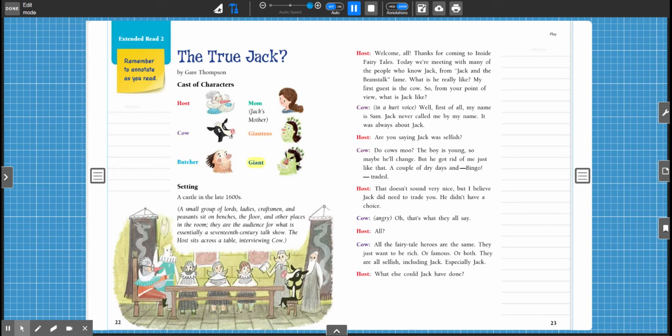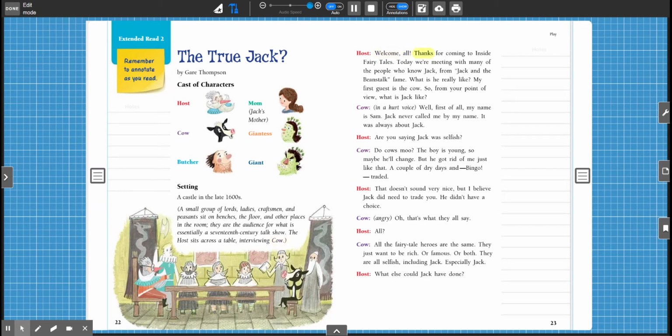Giant. Setting. A castle in the late 1600s. A small group of lords, ladies, craftsmen, and peasants sit on benches, the floor, and other places in the room. They are the audience for what is essentially a 17th century talk show. The host sits across a table, interviewing Cow.